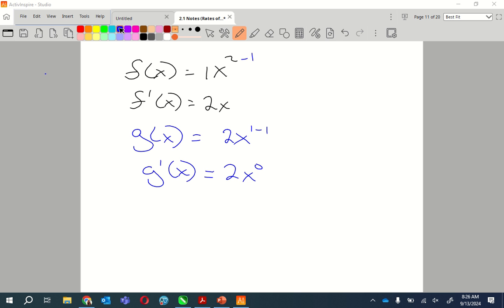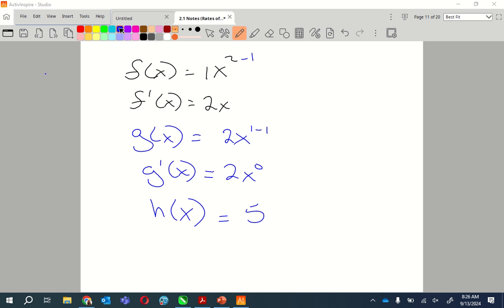So as I go through there, and then if I have h of x is equal to 5, is there any x's here? No x's. So since there's no x's, that means that this is going to refer to a slope of 0.